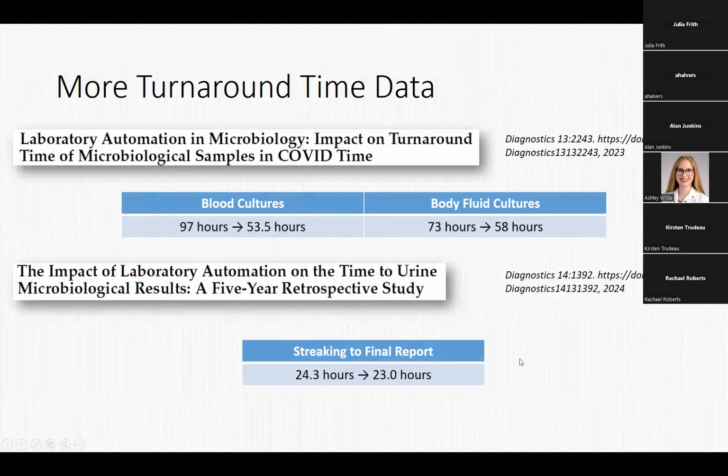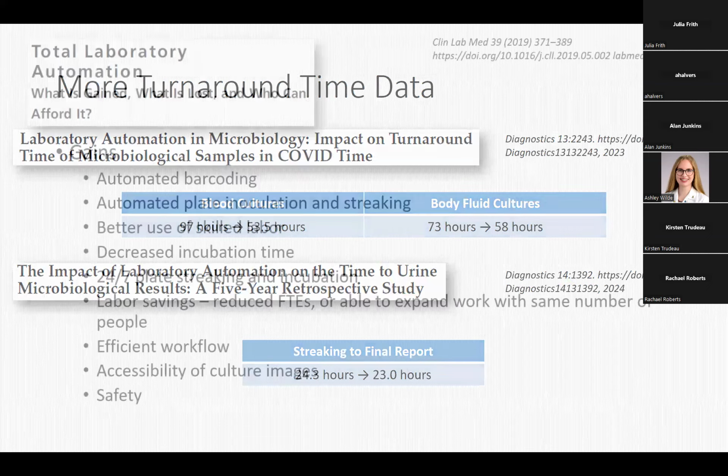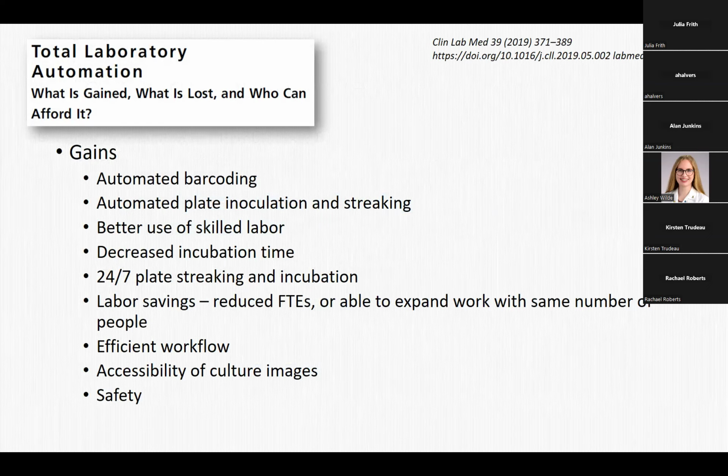So what we see with these, the data is showing that with these instruments, you do get better efficiency of working up cultures. You save a lot of time, you save a lot of tech time, and you get the results out faster.